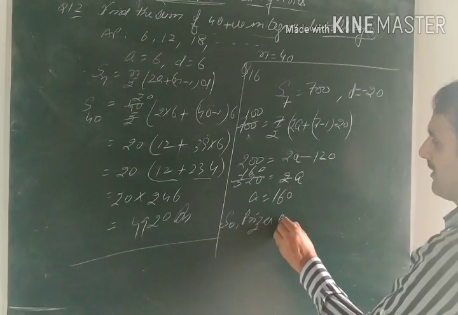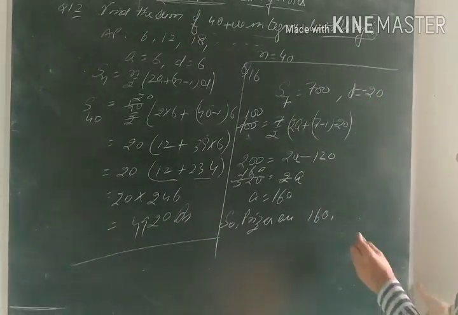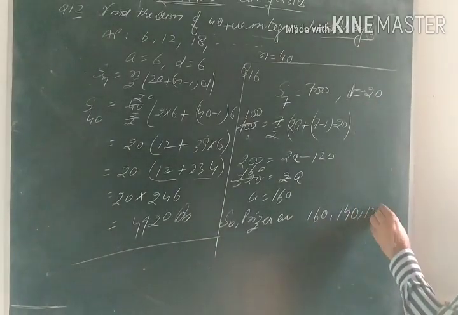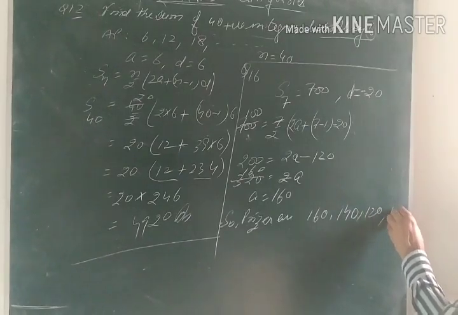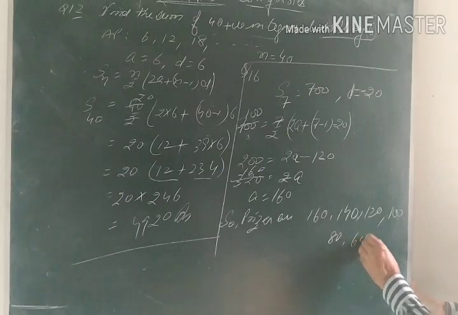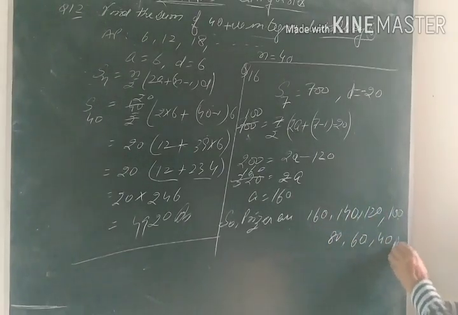The prices are: the first one is 160, then preceding it 20 less, 140, then 120, then 100, then 80, then 60. That is 1, 2, 3, 4, 5, 6, and 7 prices.